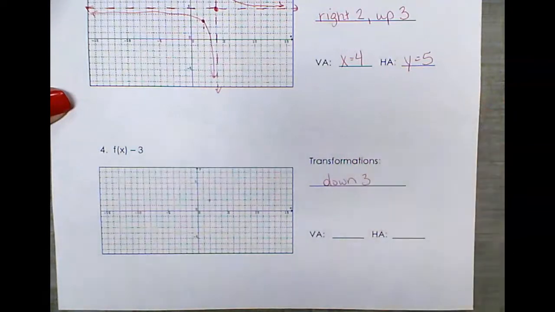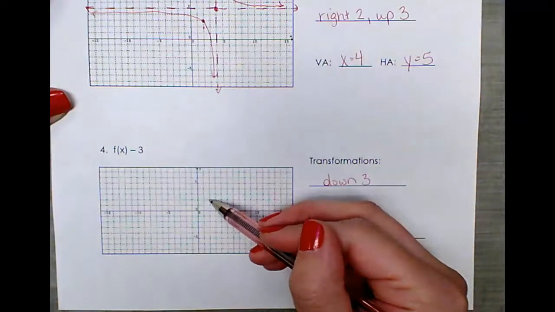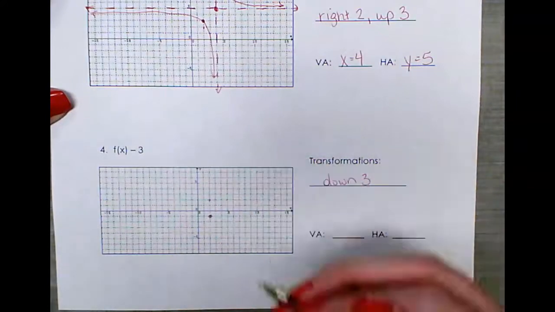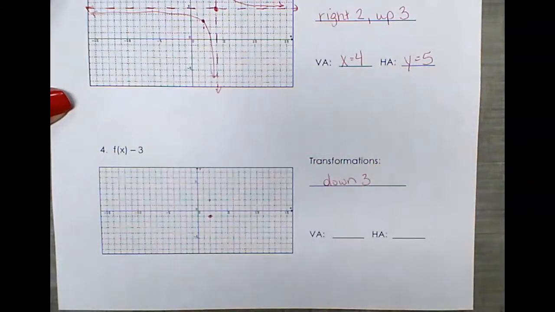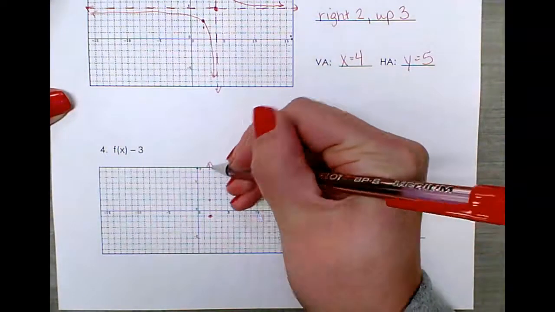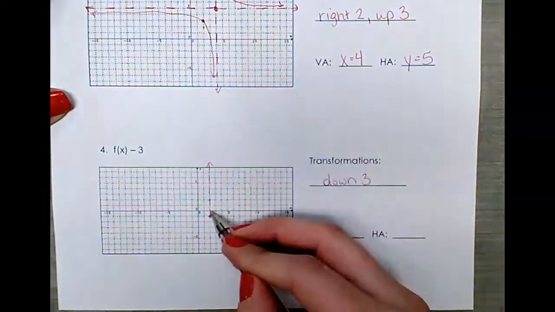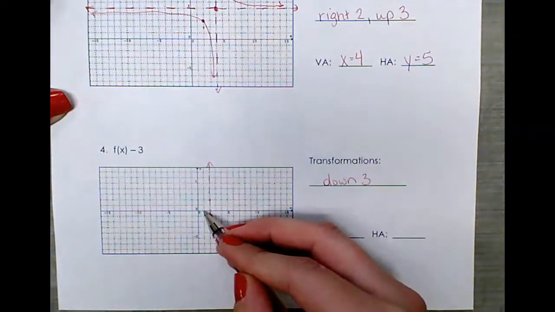So let's find out where our new vertical and horizontal asymptotes are. The intersection of the asymptotes used to be here, but if I shift it down 3, 1, 2, 3, it's now right here. So let's draw in the asymptotes, and let's draw in the hyperbola. The new vertical asymptote, still going through an x value of 2, right? 0, 1, 2.